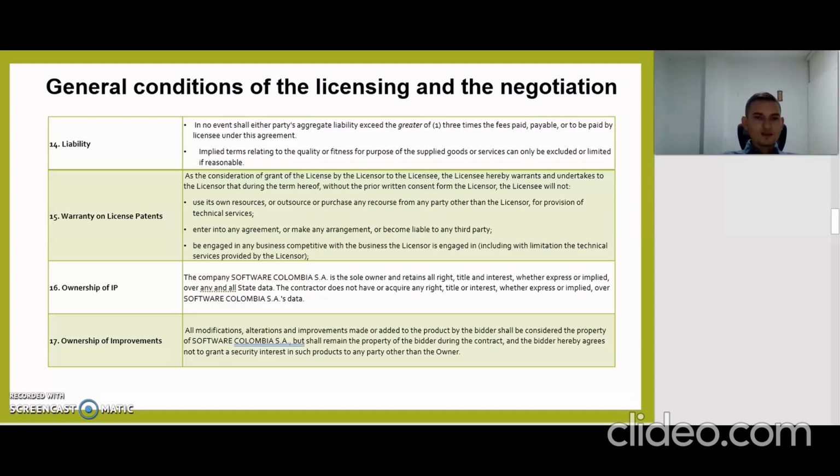And ownership of any improvement, modification, and alteration made to the product by the bidder shall be considered the property of Software Colombia S.A., and the bidder hereby agrees not to grant a security interest in such products to any party other than the owner.